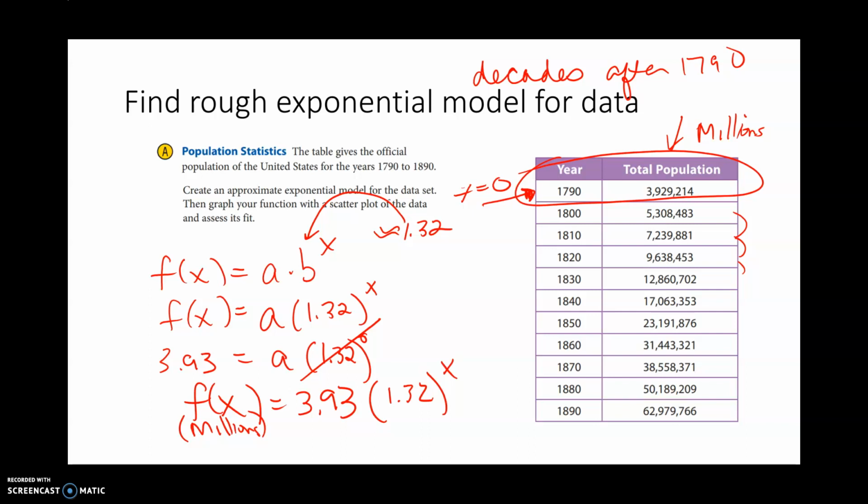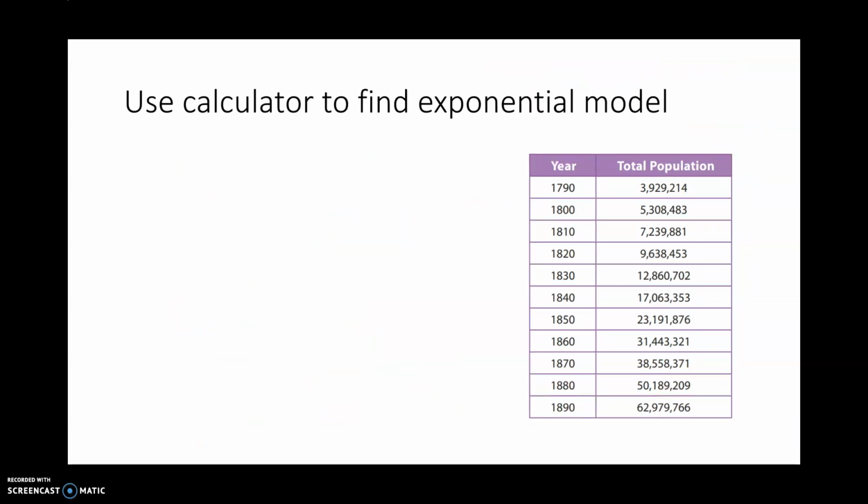What if we want to use our calculator? Okay, so now, we're not going to put years in, this is going to be decades after 1790. So our x here would be 0, 1, 2, 3, 4, 5, 6, 7, 8, 9, 10.